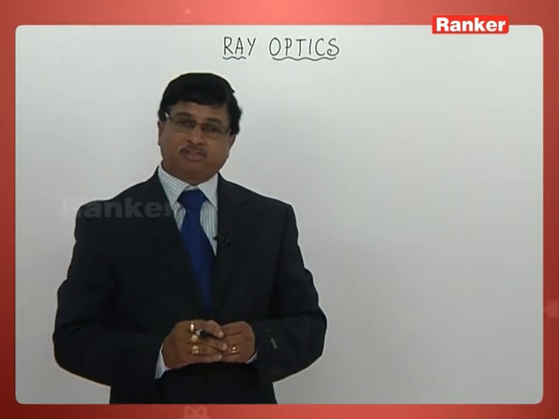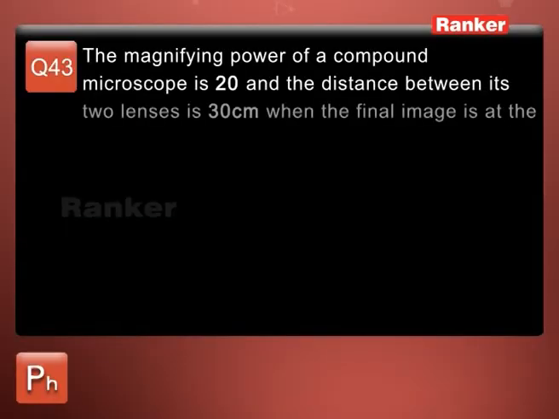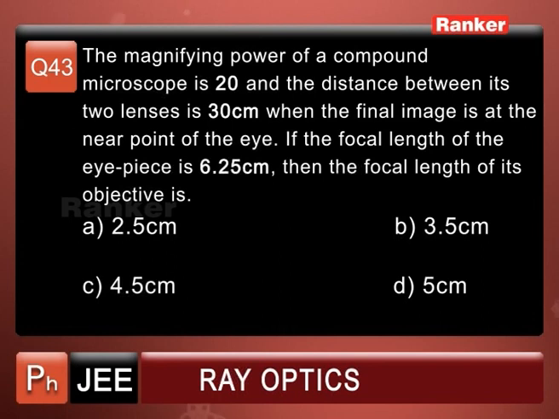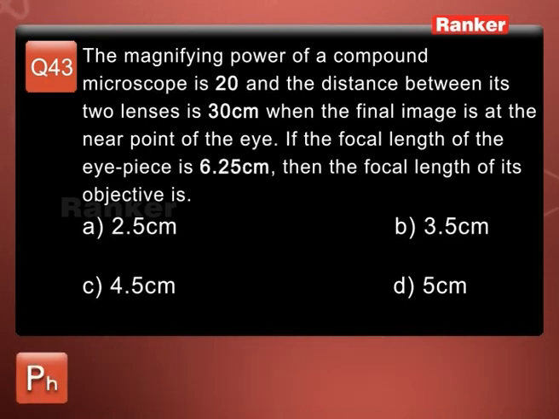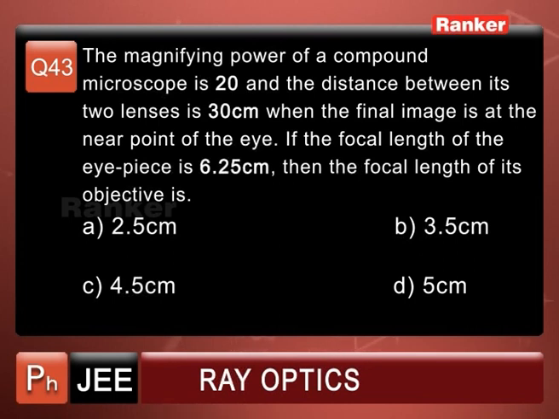Problem 43 next. The magnifying power of a compound microscope is 20, and the distance between its two lenses is 30 centimeter when the final image is at the near point of the eye.